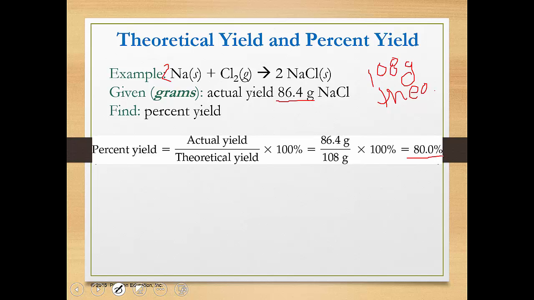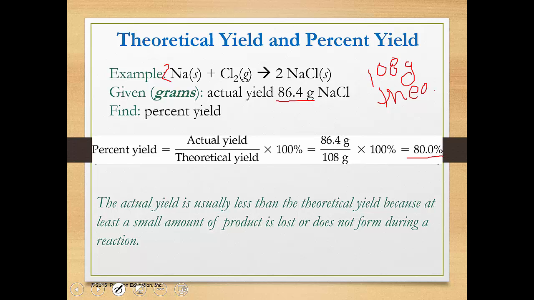If you're talking about a huge industrial scale and you just say 80 and it's actually 79.7%, that can be the difference in perhaps several hundred pounds of product if you're producing it on ton scales. So you do want to be as precise as possible when you're reporting your percent yield.